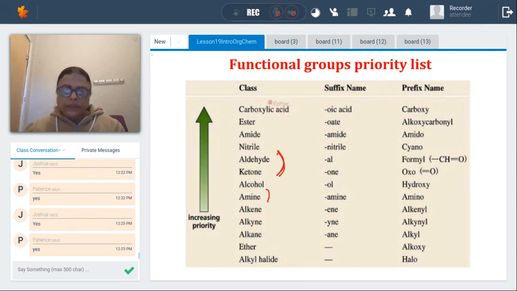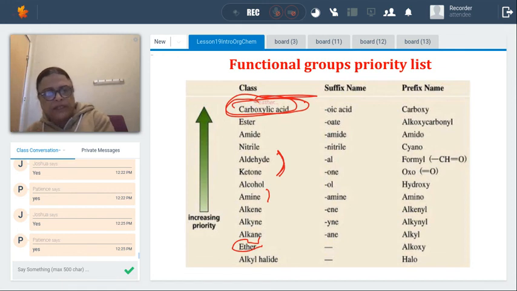And you see also that some functional groups are more valued than others, that carboxylic acids have the highest priority compared to ethers. So if you have in a molecule both a carboxylic acid and an ether, the name is carboxylic acid.